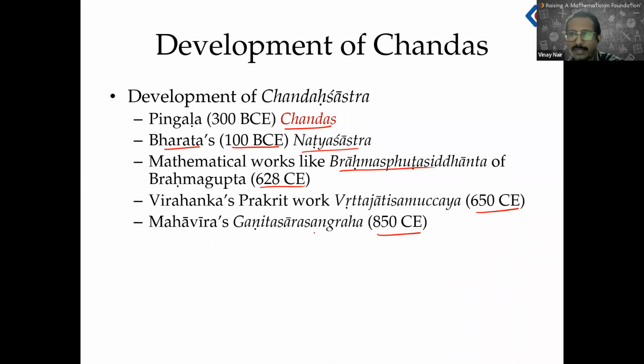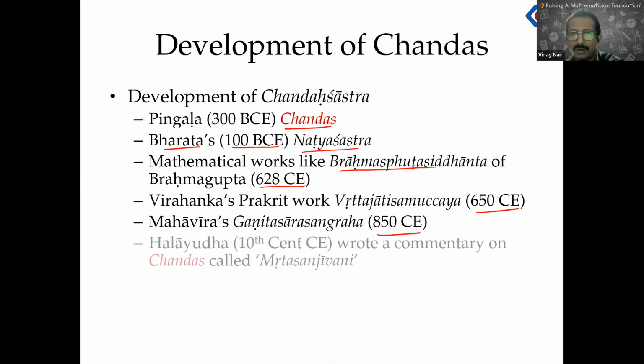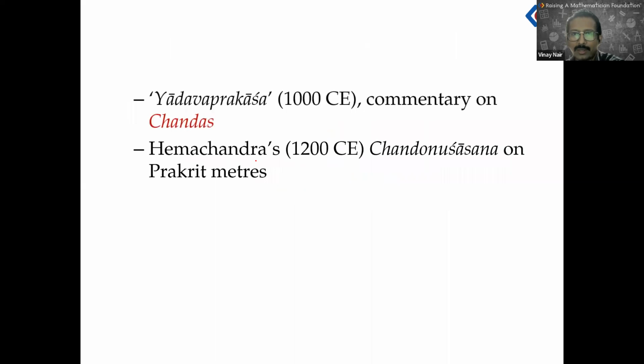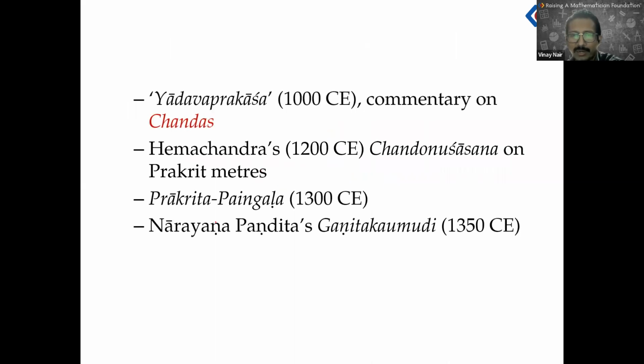Mahavira's Ganita Sarasangra, it's a mathematical text. There also we see combinatorics. Halayudha, commentary on Chandas, again. Kedarabhatta Vritta Ratnagara, 14th century. Again, 1200, 1300.